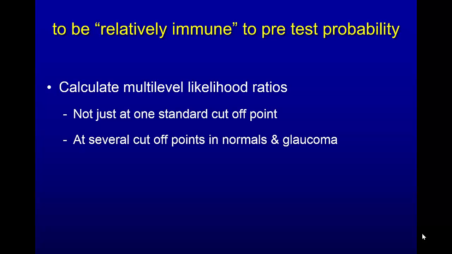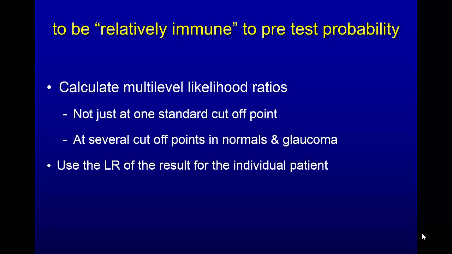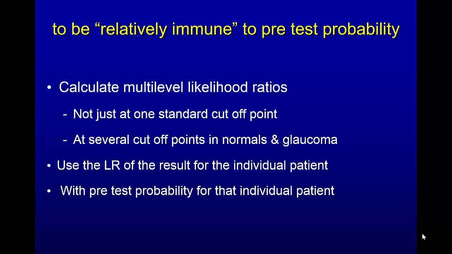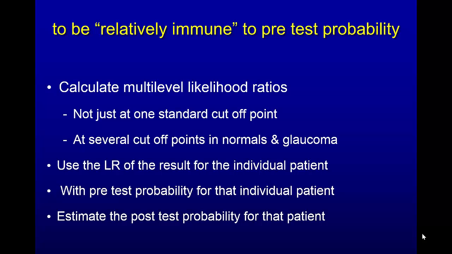You calculate it at different sensible, clinically relevant cutoff points in both normals and glaucomas, and then you use the likelihood ratio of the result that the individual patient has, with the pretest probability of that individual patient, to arrive at the post-test probability for that individual patient.